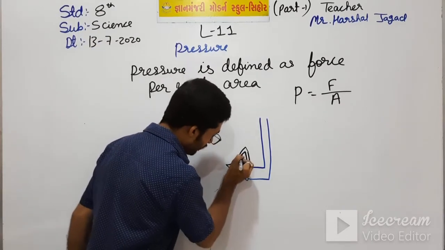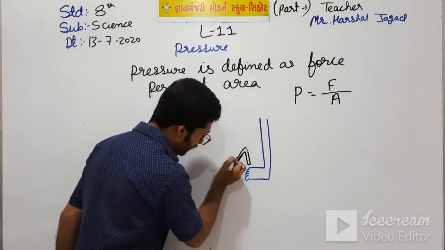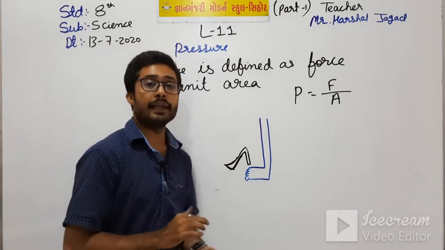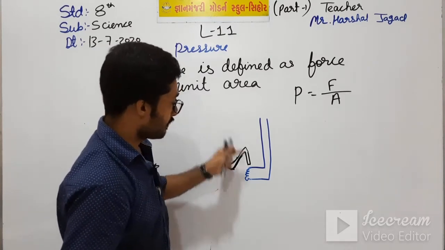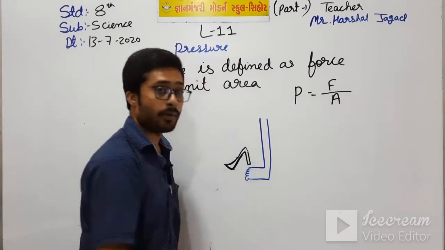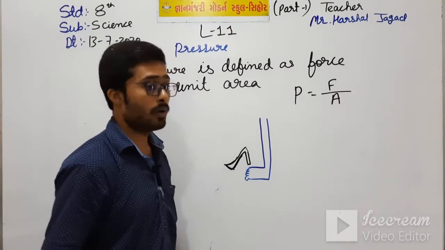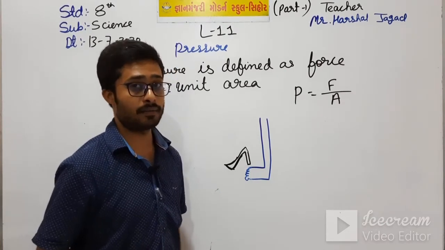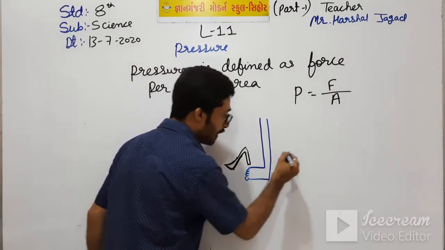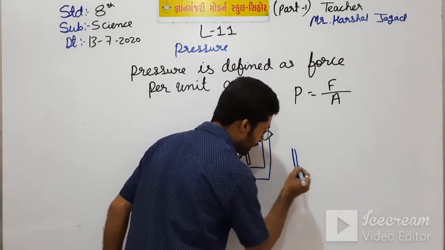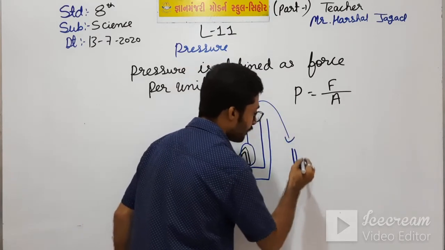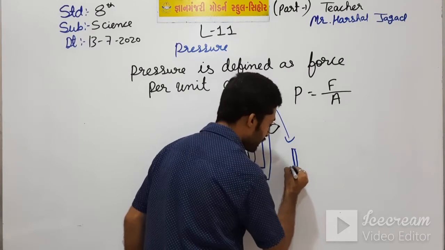Okay students, so this is the sandal. If any of this sandal tip is here on our leg, we get hurt. Why? Because here it is a small area, this area is small. I have drawn this figure over here, so this area is small.